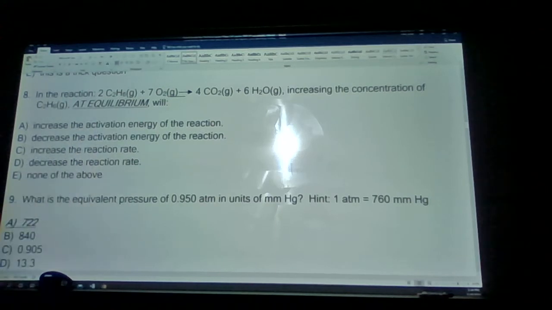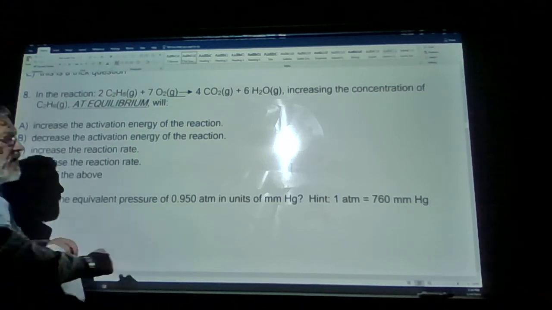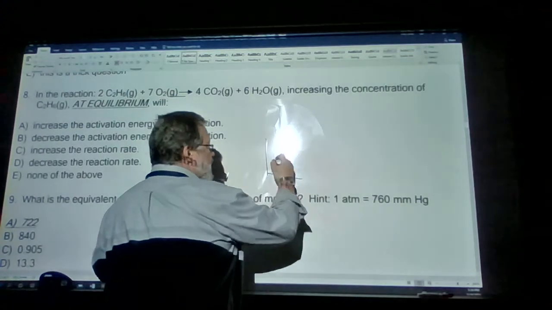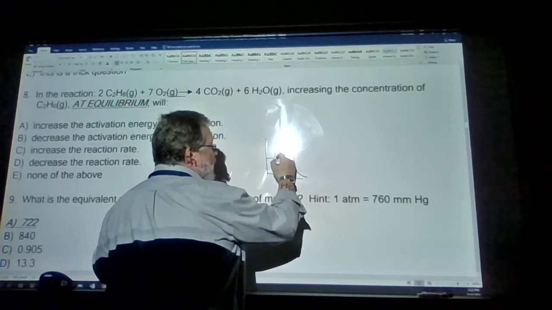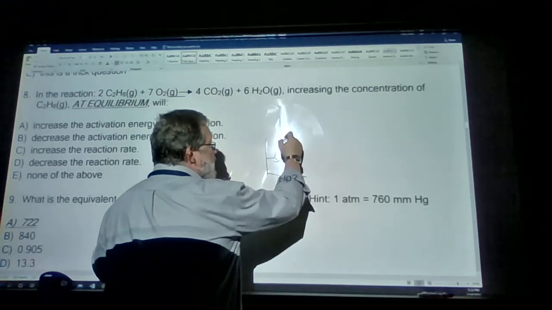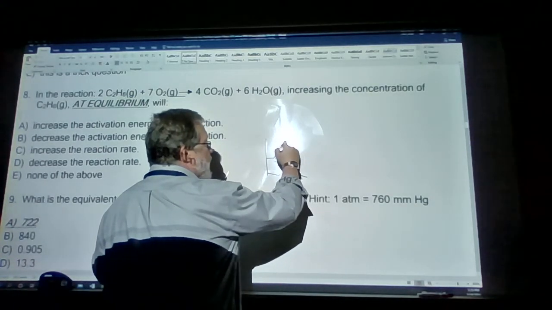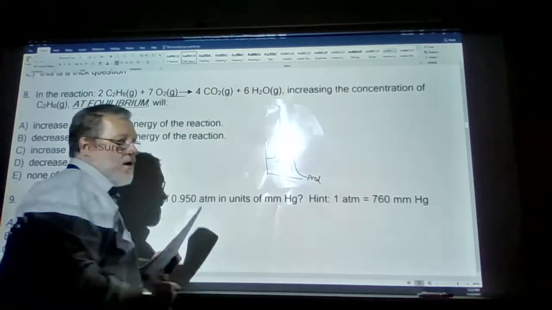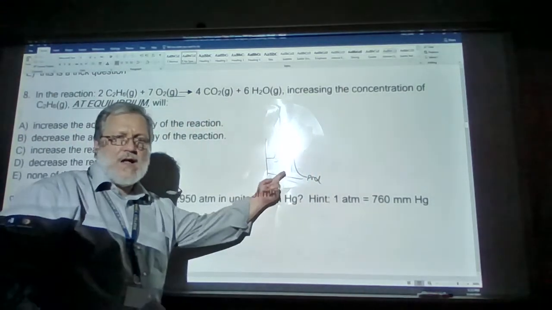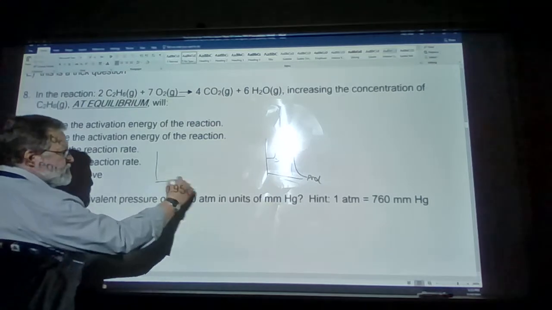It doesn't change the activation energy, just simply because we are not changing the identity of a reactant or a product.